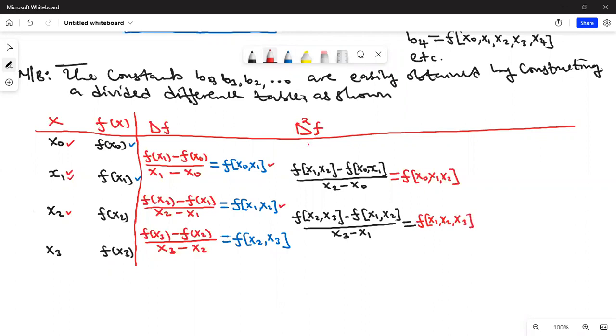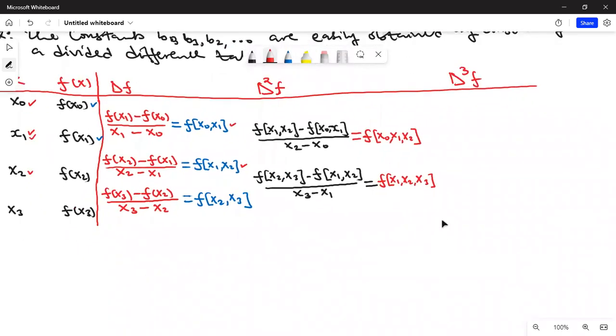And finally, the third order divided differences will be equal to, just subtract the two, we'll have f of x1 x2 x3 minus f of x naught x1 x2, divided by the difference of the extreme x values, that is x3 minus x naught.